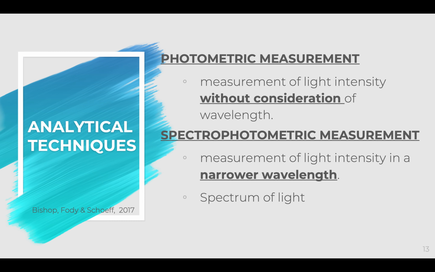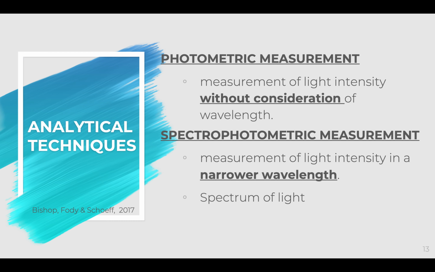And this is now where I will draw the line. Okay? So when we are talking about photometric measurement, we are measuring the light intensity without consideration of the wavelength. So be it in the visible region, in the infrared region, or in the ultraviolet region, we don't care. What we are measuring is the light intensity only.